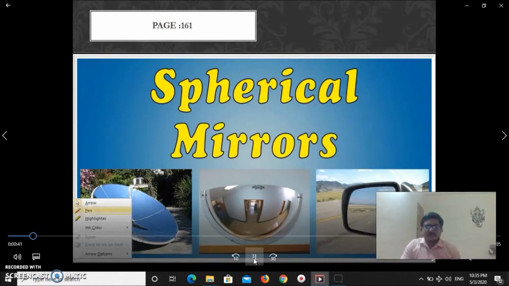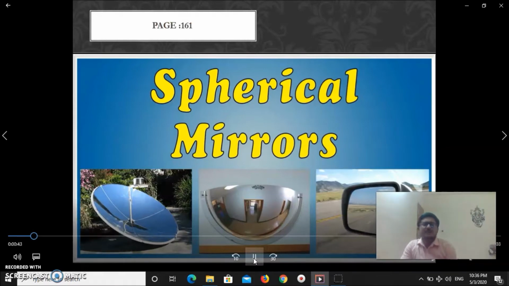Chalo, first let's try to understand what is meant by spherical mirror. Cadets, you may have seen a solar cooker, sunglasses, or normal items like shaving mirrors. You also visited science labs.